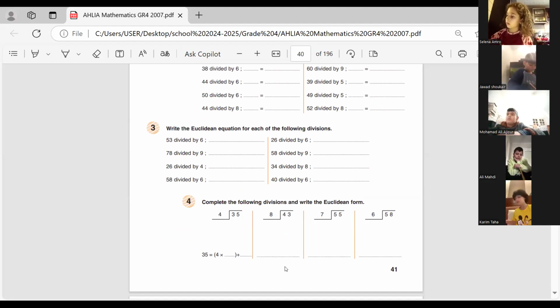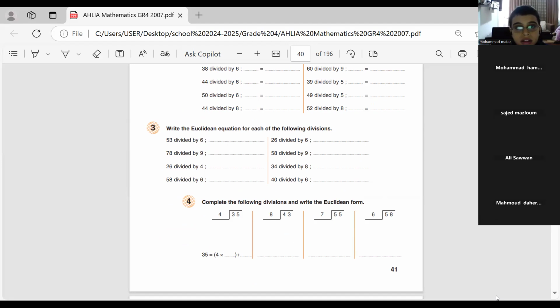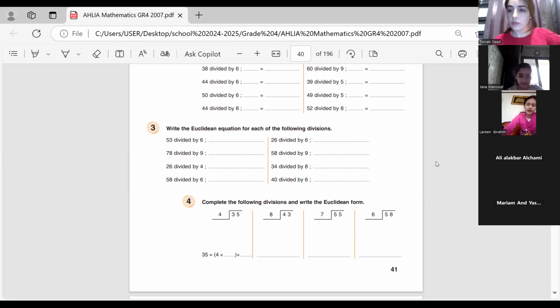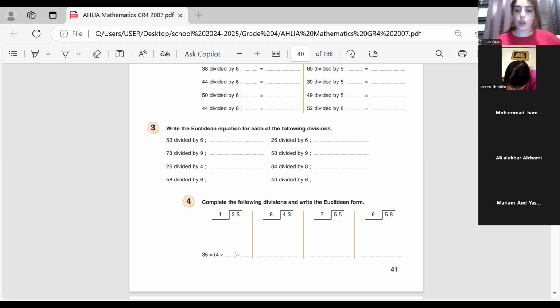Let's start exercise 4, everyone. Do it on the exercise 4 in the book with your pencil, and if you have something wrong, you will correct it with me. Start. Teacher, which number?